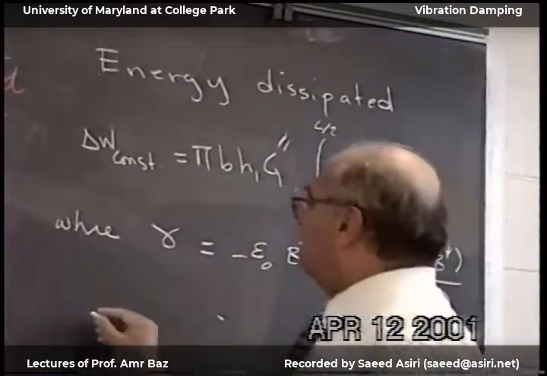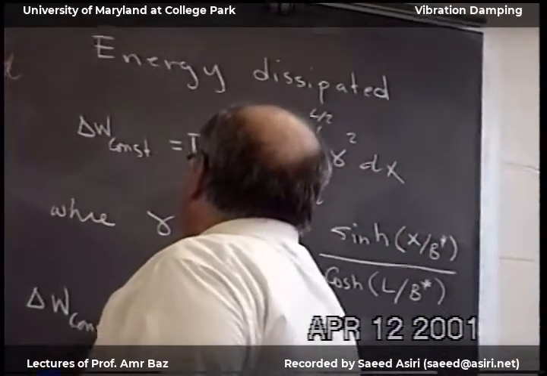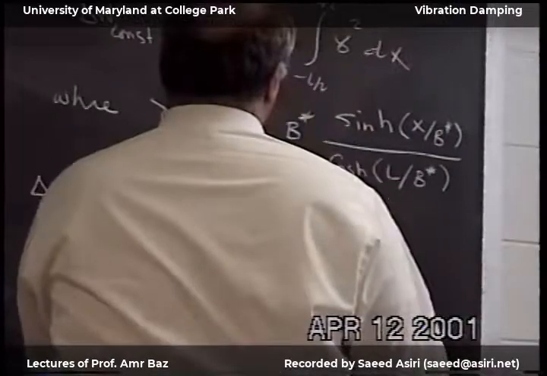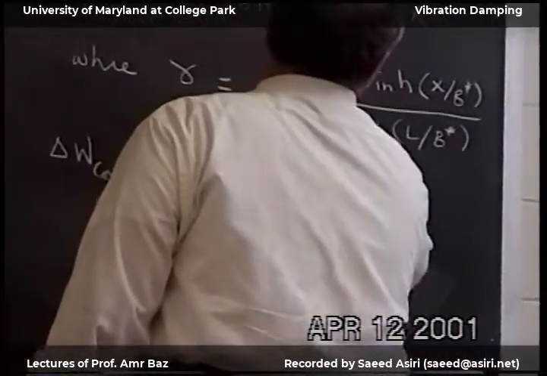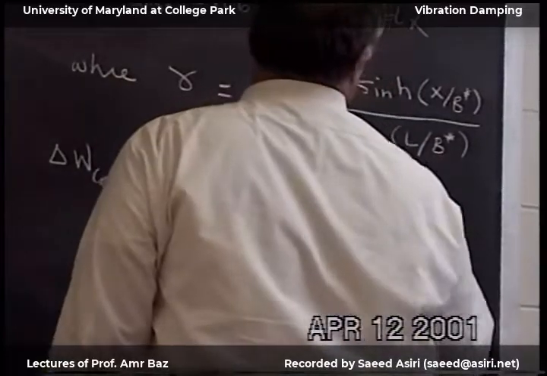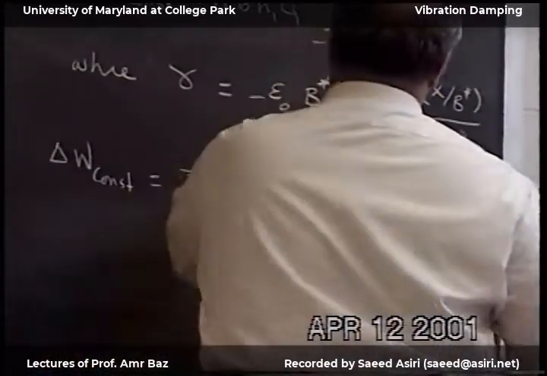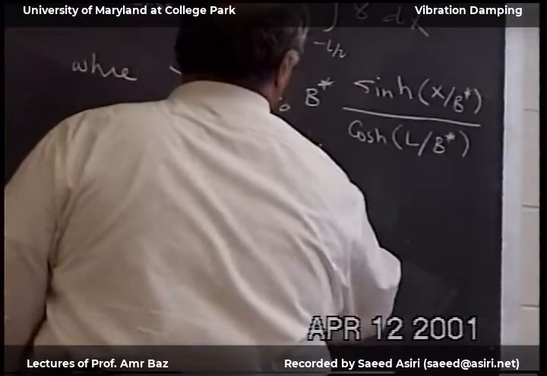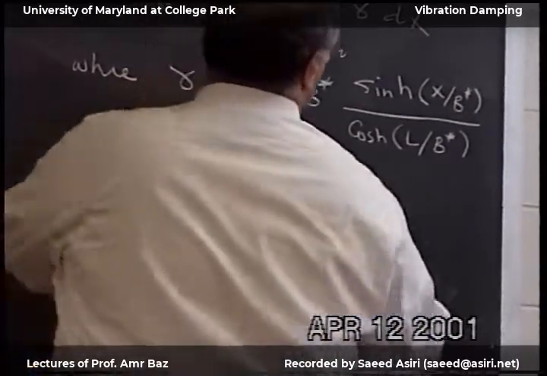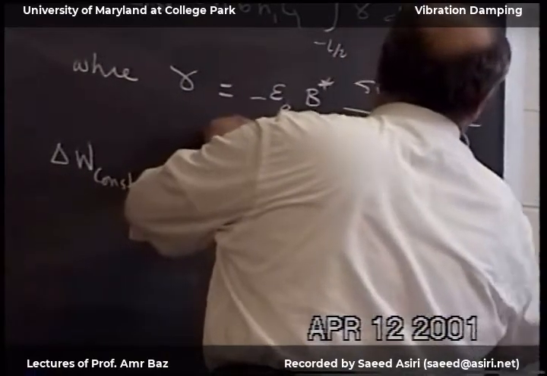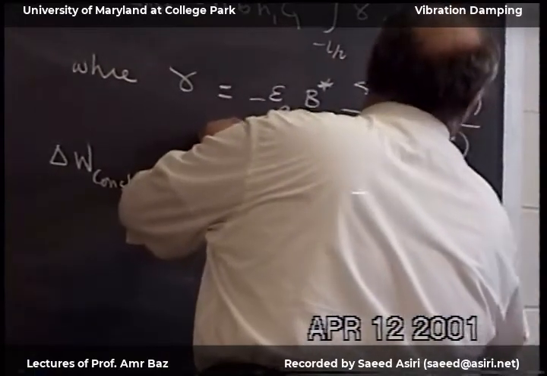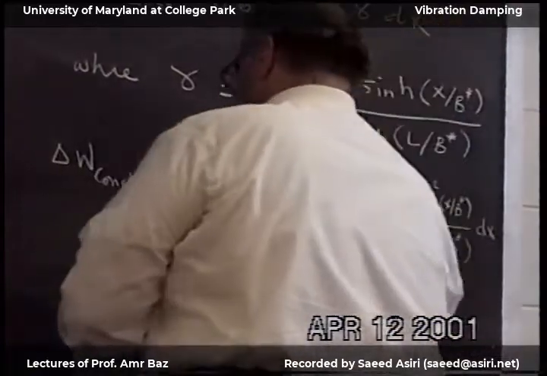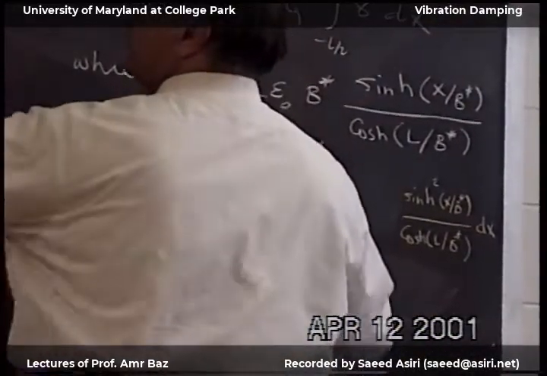So now delta W will equal G double prime, star squared, and then we have sinh, and then I'll replace this from here.